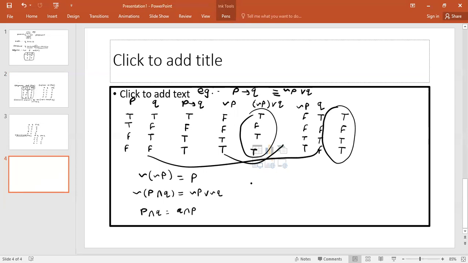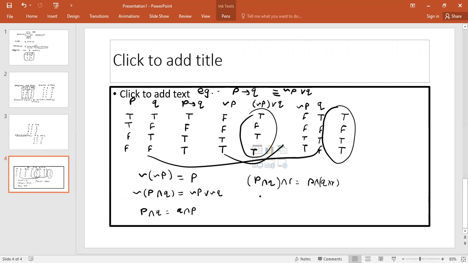Okay. Associative law: P, Q, this is equal to R, P, Q, and R. Okay. This is it.